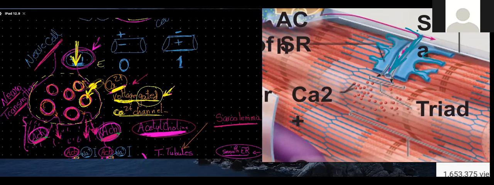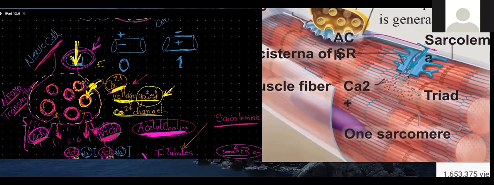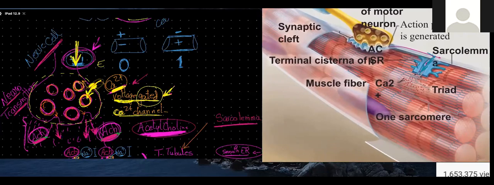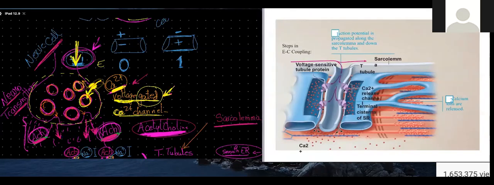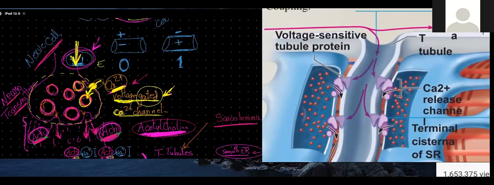What do we call those flattened tubules on the inside of the cell? This is my smooth endoplasmic reticulum of the skeletal muscle cell. This is my sarcoplasmic reticulum. What happens inside the T tubules as you get this electrical signal delivered?